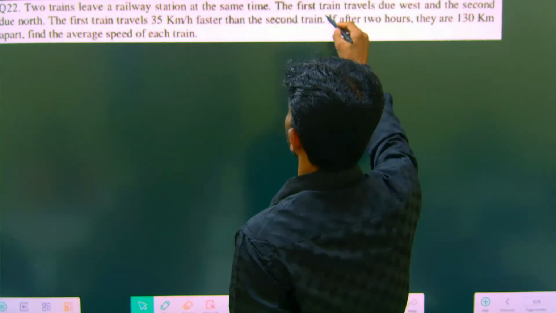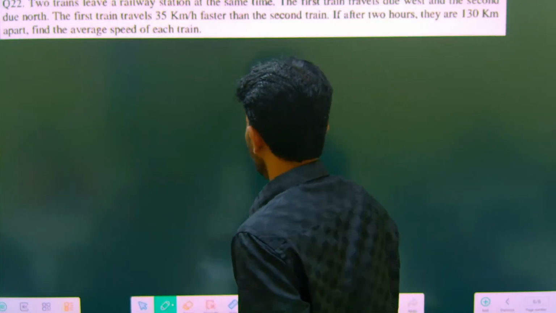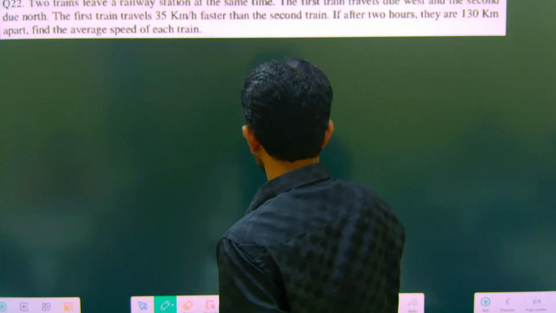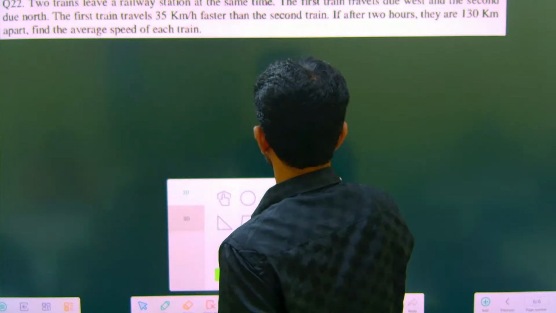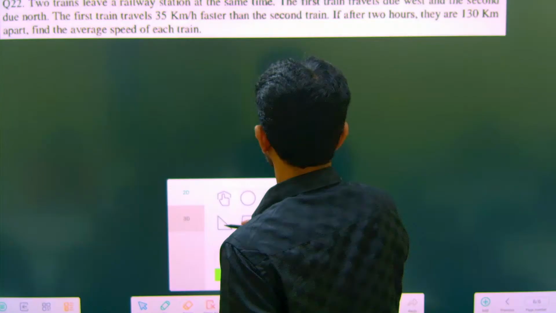In this question, they said that one train travels in the north direction and another train travels in the west. So you'll be having a triangle like this.